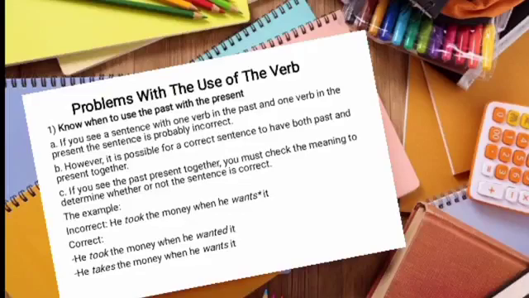From the two principles that I have informed you, it is incorrect. It should have the same verb. If you use verb 1, so the second verb is verb 1 too. For example, he takes the money when he wants it.